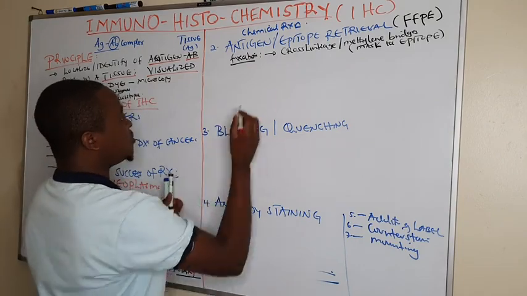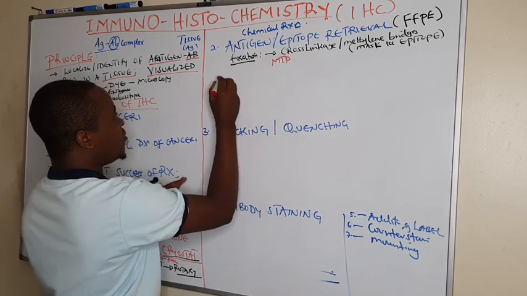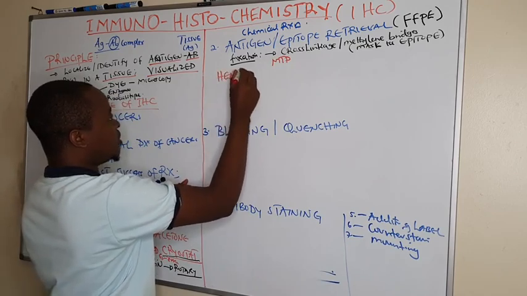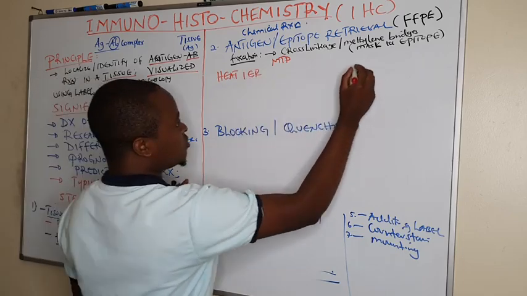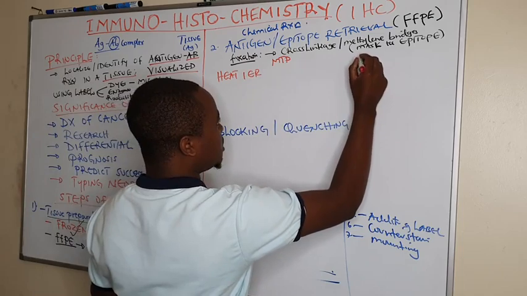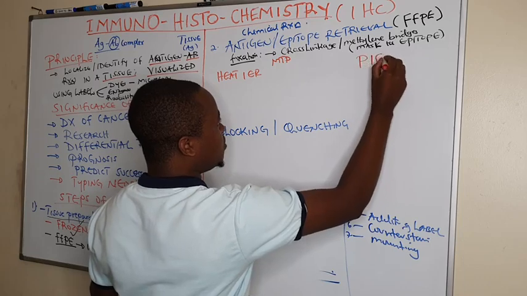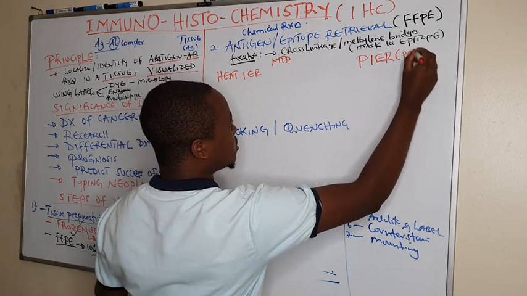There are 2 common methods: heat-induced epitope retrieval, and what we also call proteolytic or enzymatic induced epitope retrieval.